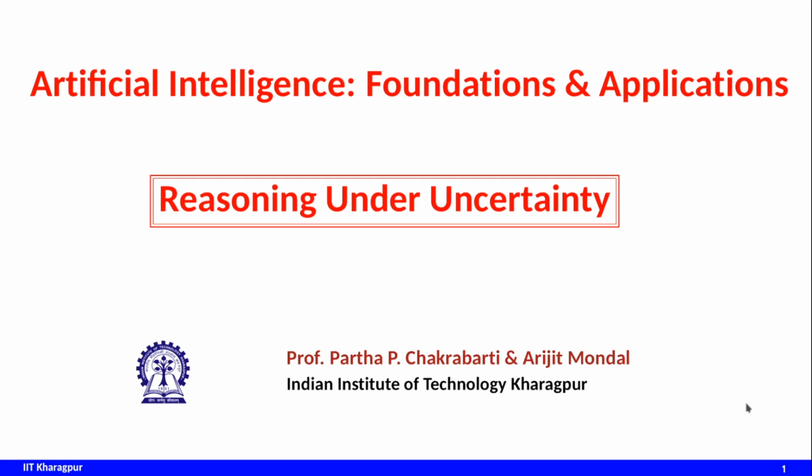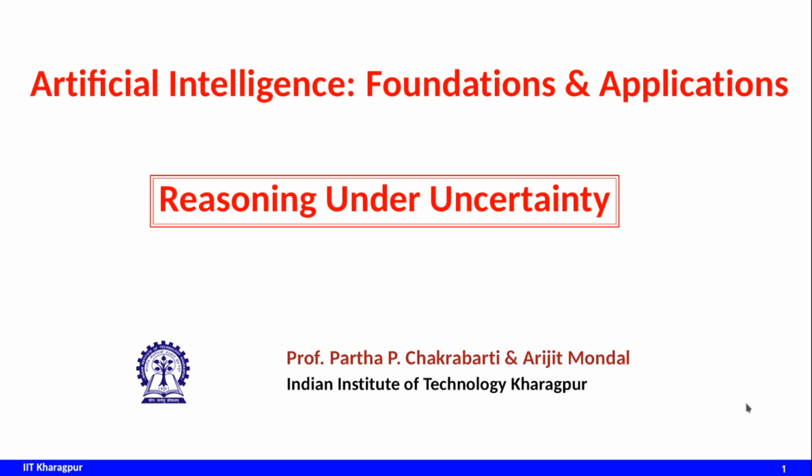Today we'll be looking into the second part of reasoning under uncertainty, or probabilistic reasoning. In the last lecture we saw how we can model a system and, given a belief network, identify the probabilities, the conditional probabilities, and some kind of conditional independence.